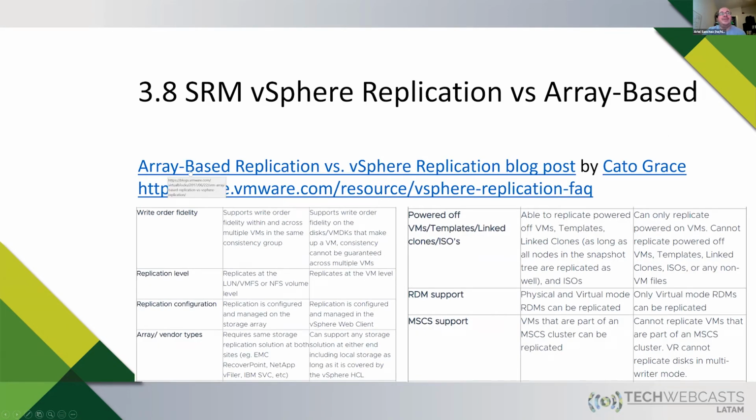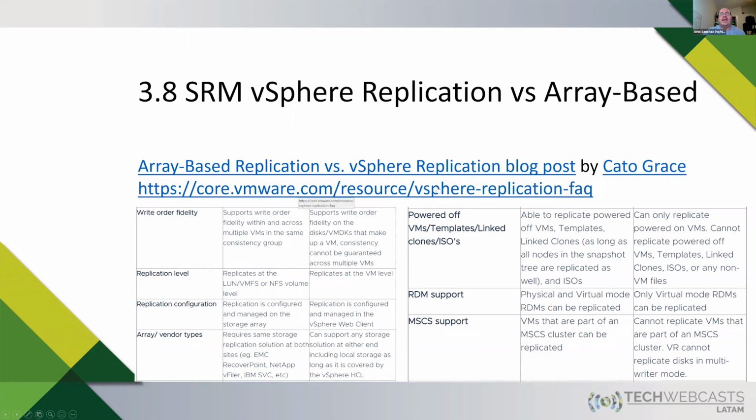So he has a very good array-based replication versus vSphere Replication blog post. Cato Grace has been the technical marketing person for Site Recovery Manager for quite a while. And I think right now he's even doing the backup PM. So he's been involved with SRM. Great resource, as well as the VMware SRM Twitter account.